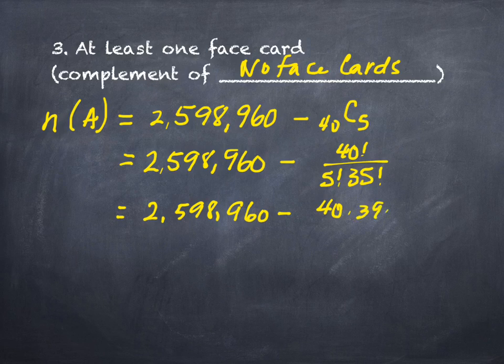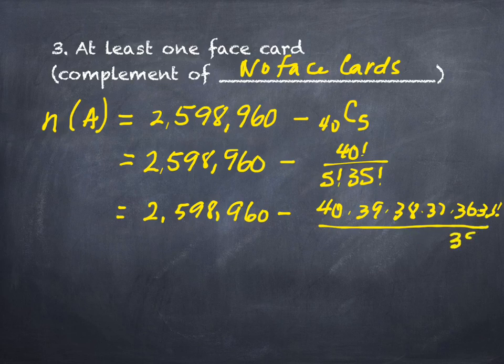So 40, 39, 38, 37, 36, and 35 factorial. Some of you also had some factorial issues by leaving that off. Don't leave that factorial off. It means something different without it. And then 5, 4, 3, 2, and 1. All right, so I'll reduce my 35 factorial, which was the goal. Now what else?